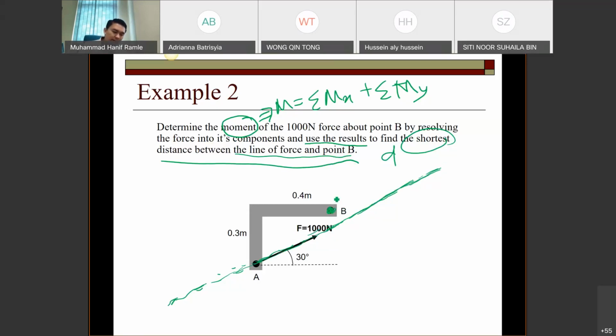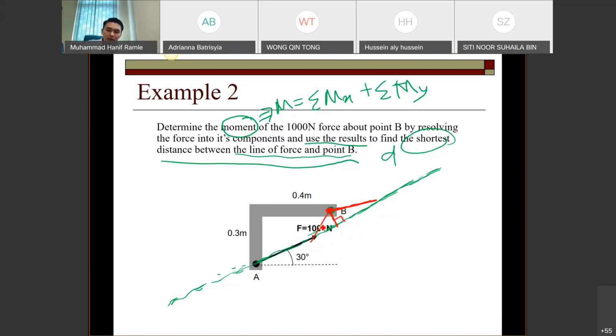Let me change the color of pen. So from point B, there are many lines that can be drawn from B to the line of force, like this, like that. So the shorter distance must be perpendicular, this one. From B to the line of action, the shorter distance. If you look at this line, it is longer than the first one, the shortest one.